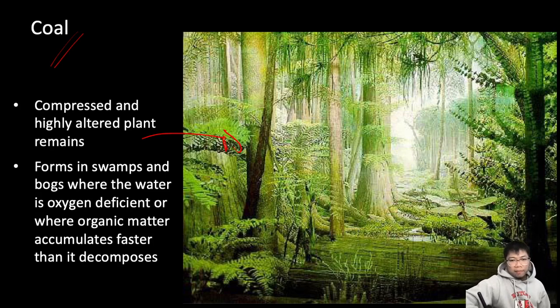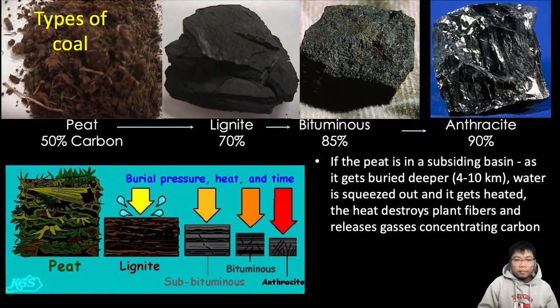This condition helps the organic matter to accumulate faster than it decomposes. Therefore you will end up with very high organic matter within the deposition in swamps. These are the examples of coal.